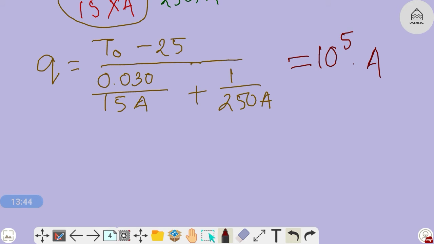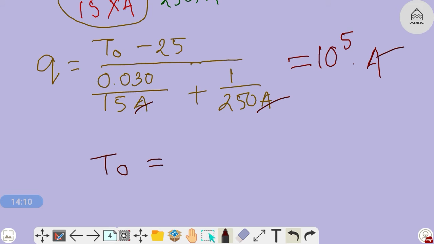Now there is only one unknown, that is T0. The rest of the things are there. So now we will solve for T0, which is very simple. A and A will cancel out.